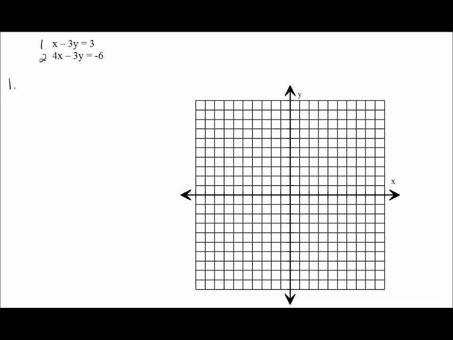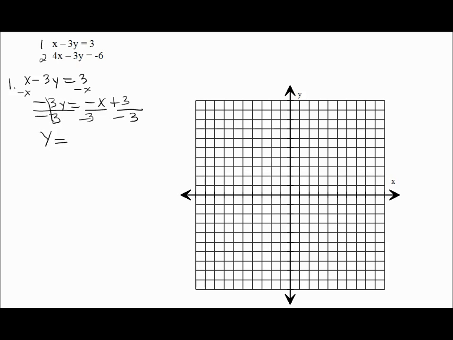So for the first one, I have the equation x minus 3y equals 3. I'll subtract this x from both sides. That leaves me with a negative 3y equals a negative x plus 3. Then I'll divide everything by negative 3. Okay, so that leaves me with y equals.